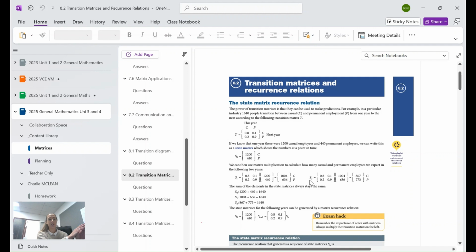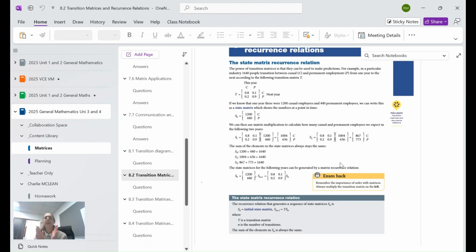So we've got our initial, our first year here, and then our second year here. The sum of those two values, 1,200 and 440, 1,004 and 636, 867 and 773, will remain the same. We're not losing any people out of this industry and we're not gaining anyone extra.